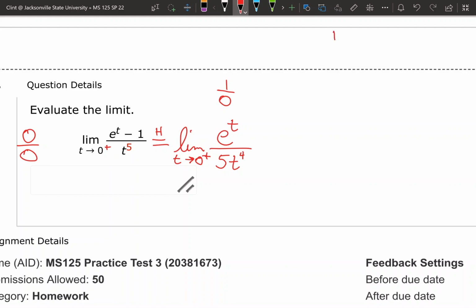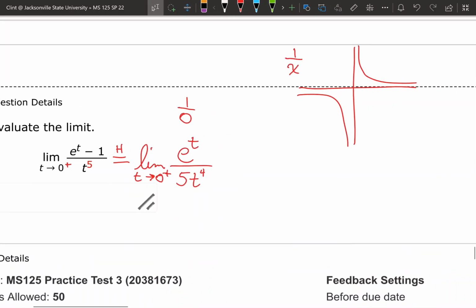Because the graph of 1 over x, what's it look like? It looks like this. So if we did not have the from the right, we got 1 over 0. Now we're approaching 0. So unless I'm missing something, I think it would be D and E if we did not have from the right. If we have from the right, what should it be?